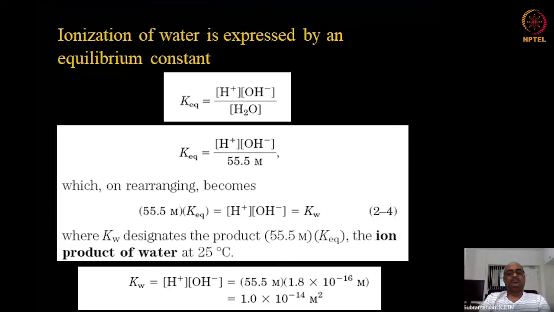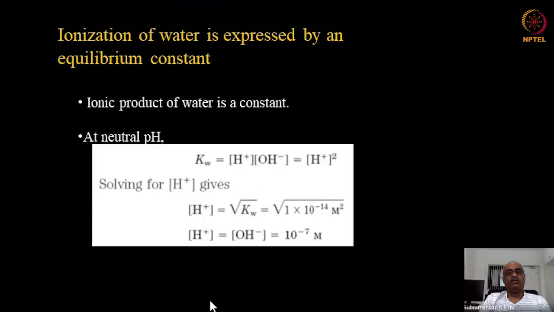So now this can be rearranged to find what is the concentration of hydrogen and hydroxyl ions. And at equilibrium, they both are at the same concentration. Therefore, you can consider it as the square of one of them. And therefore, the root of the ion product will be the concentration of either of the two.